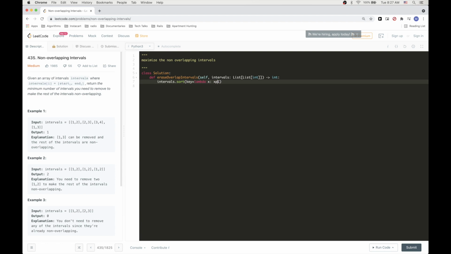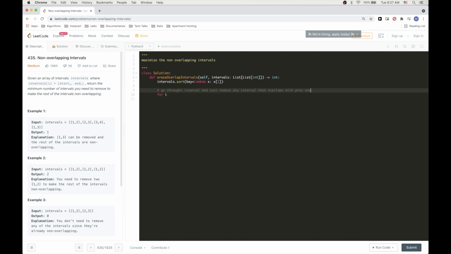I think this is the syntax, if I remember correctly. And then we need to go through the intervals in sorted order, of course, and just remove any interval that overlaps with the previous one. So a greedy strategy here.